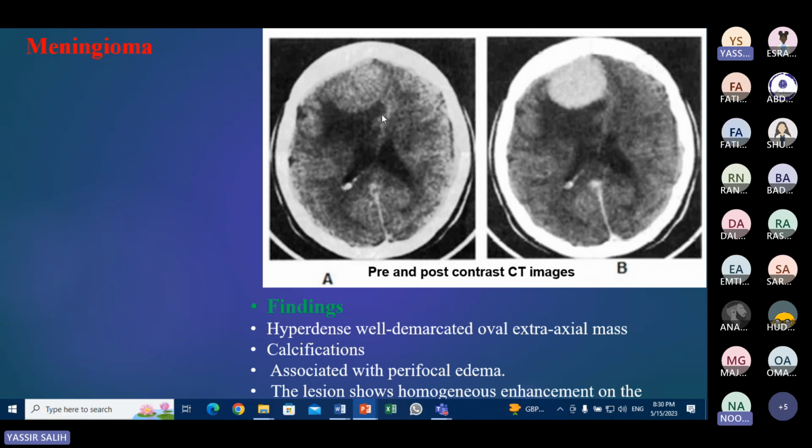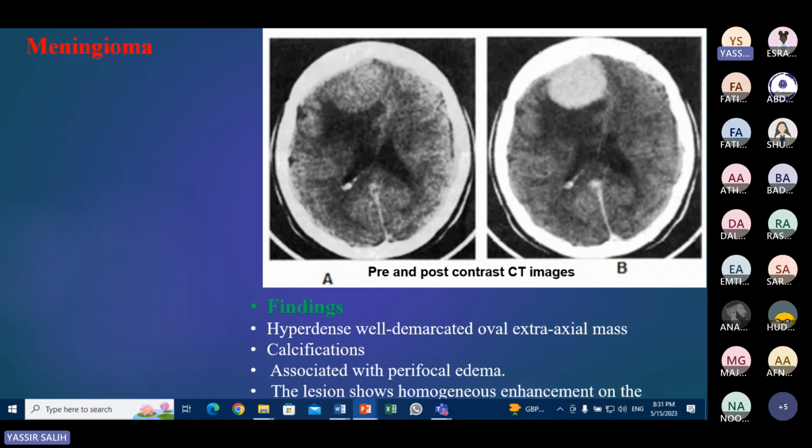Fluid. Fluid edema. Yes. After the contrast, the pattern of enhancement is hyperdense. Pattern of enhancement. Homogeneous enhancement. Yes, the pattern of enhancement is the assessment.